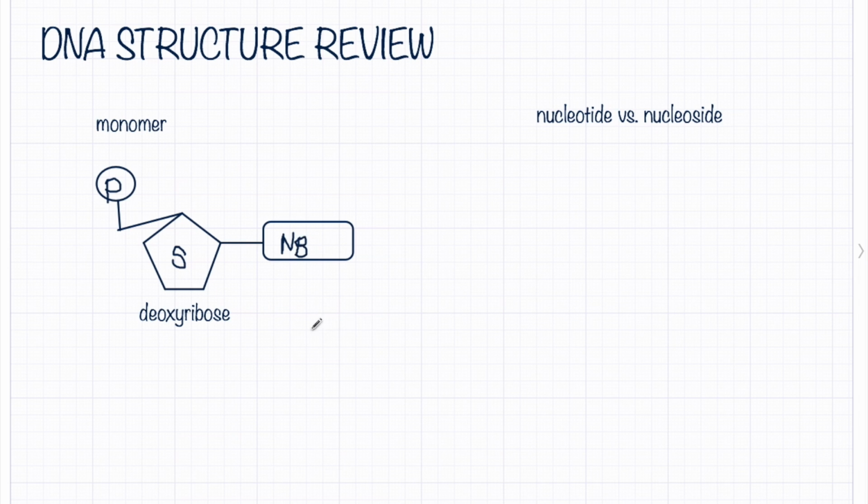And the nitrogen bases, there are actually several different kinds of nitrogen bases, and in DNA, you've probably heard of this before. They're adenine, thymine, guanine, cytosine. Those are the four possibilities that could fit into this box here. And the box is a little bit misleading because it's really not shaped like a box at all.